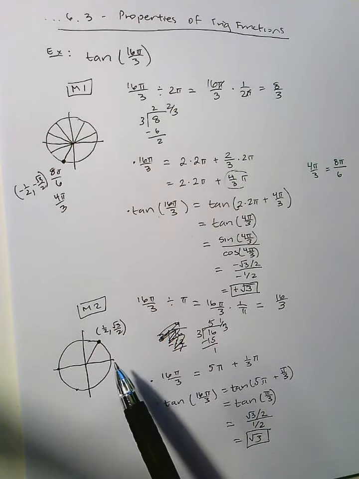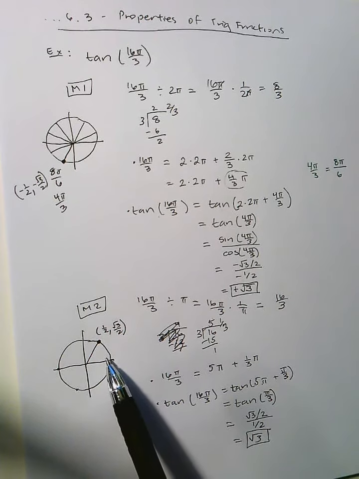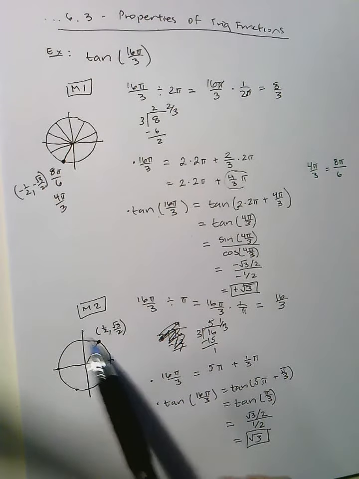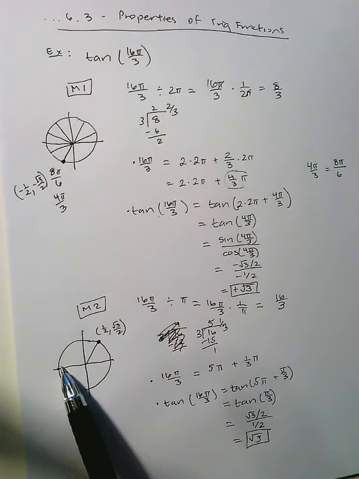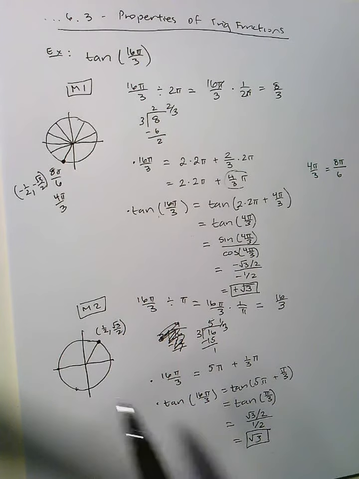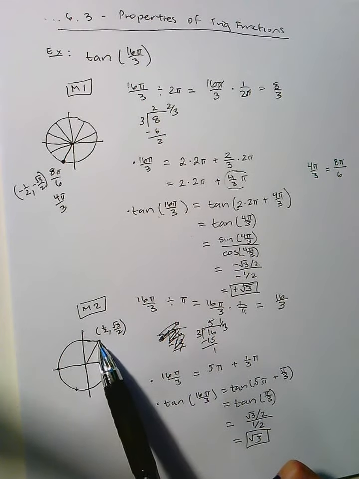So how many pi's does it go around? So we said it went around 5 pi, that's 1, 2, 3, 4, and 5 again, and then plus 1/3 pi more, or pi over 3 more. That came out to be this angle here. So 16 pi over 3 is still right here, but for this method I'm using this angle of pi over 3 as a reference.